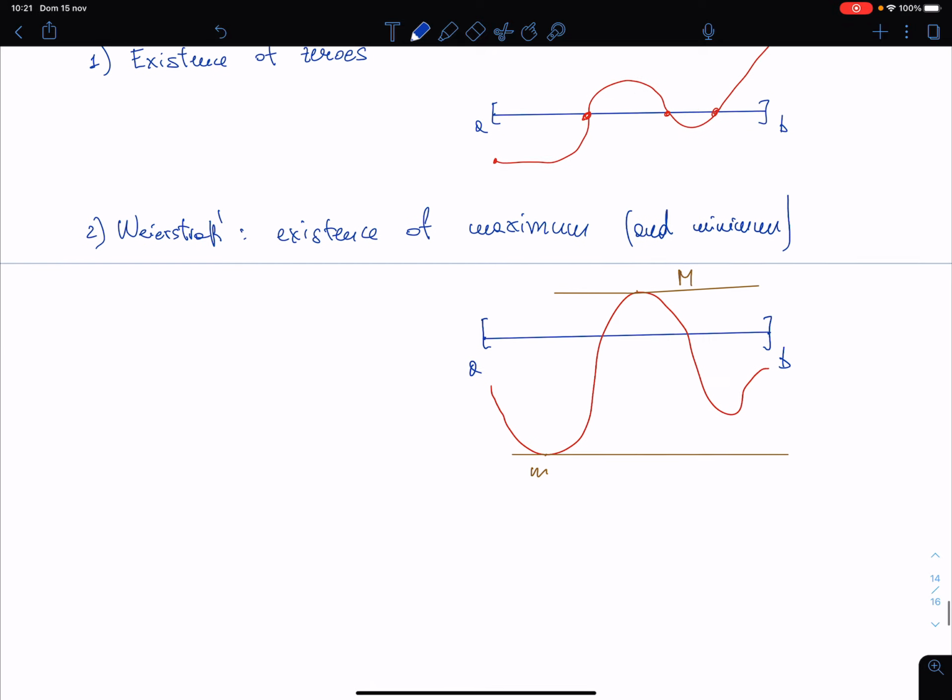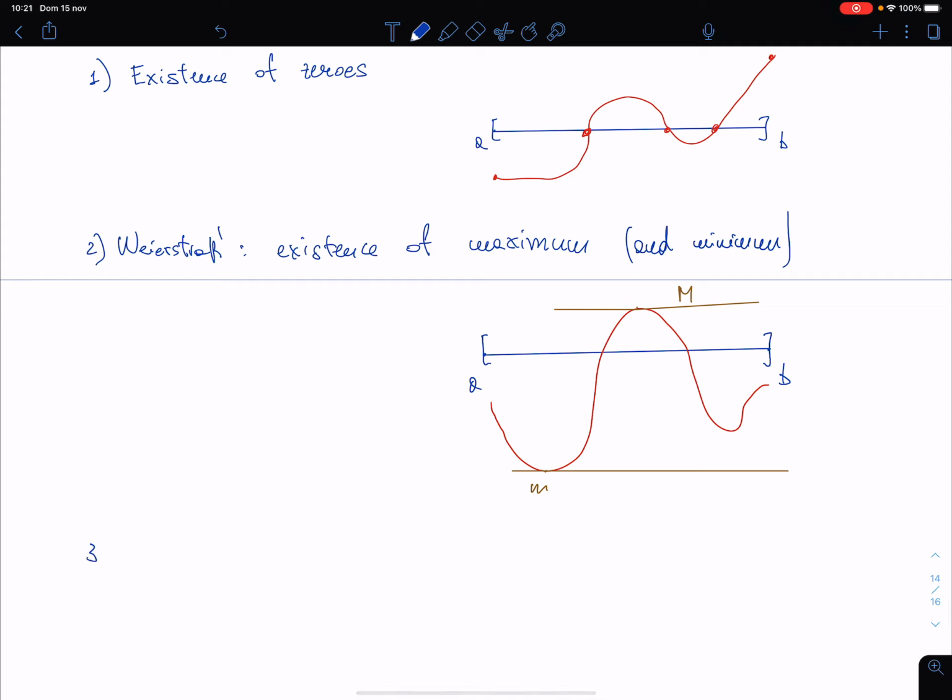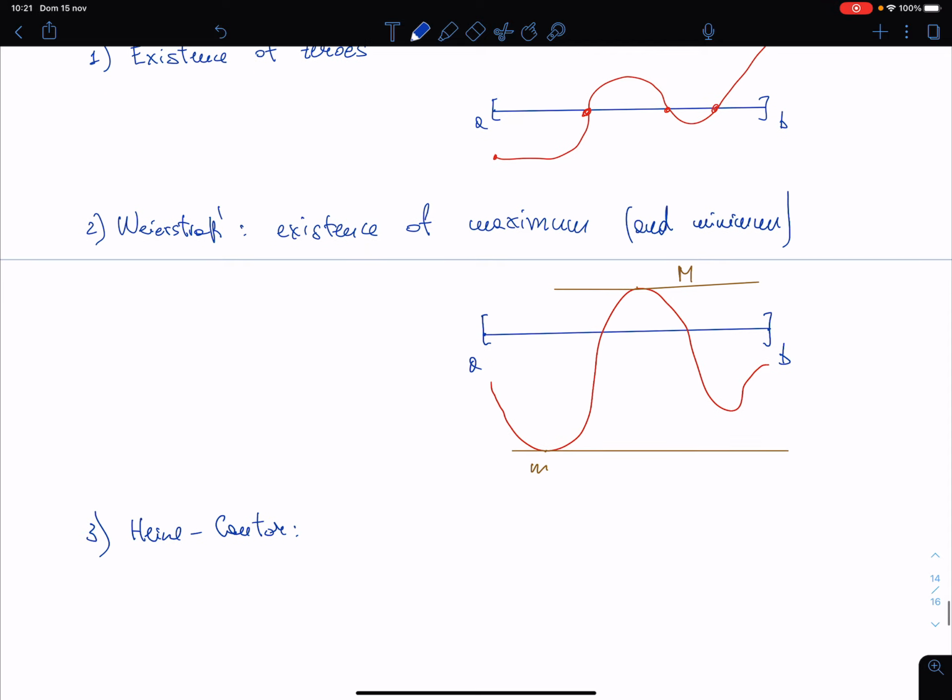Third theorem is due to Heine and Cantor, again Cantor, and it is on uniform continuity. So when you have a function that is continuous again on a finite and closed interval, so you go from continuity to uniform continuity.